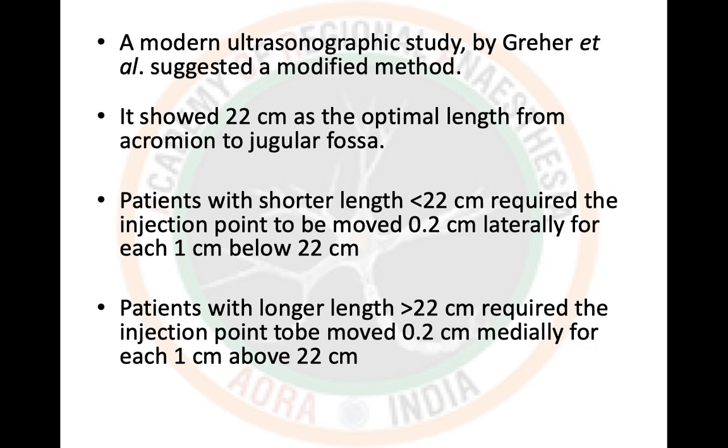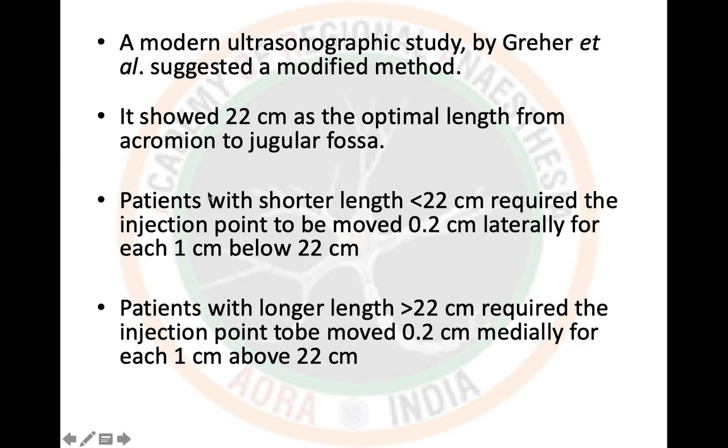But there was an ultrasonographic study by Greher et al., who suggested a modified method for VIB. He showed that if the distance between the suprasternal notch and the ventral apophysis of the acromion is 22 centimeter, then it is an optimal length, and you can insert the needle at 11 centimeter and you will find the plexus.